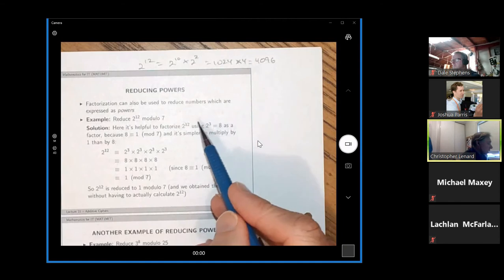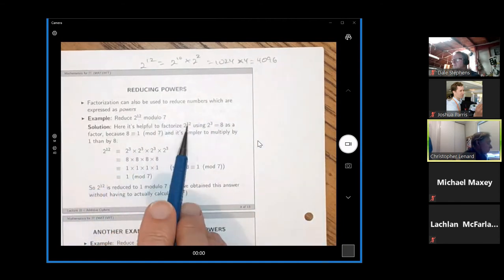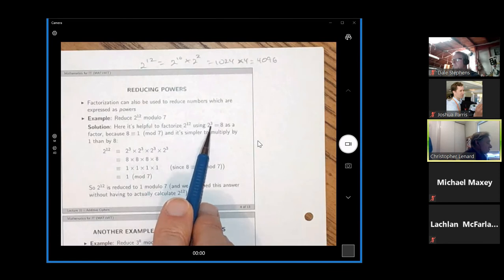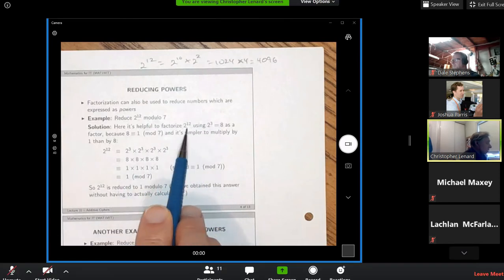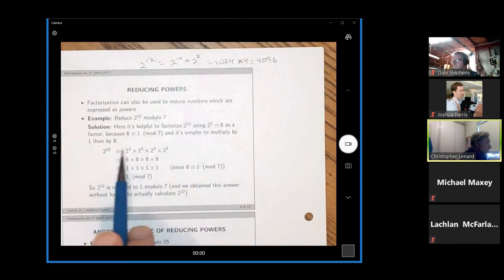And the way to do it is, if you realize that 2 cubed is really 8, and 2 to the 12 is 2 cubed times 2 cubed times 2 cubed times 2 cubed, right? Because 3 plus 3 plus 3 plus 3 is equal to 12.